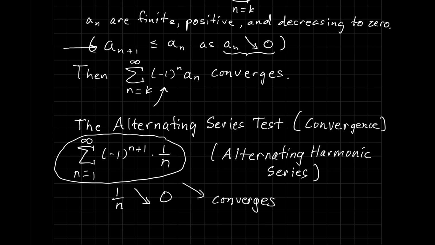It's that simple. Now, in practice, on a test, your professor might want all the details saying a sub n is finite, positive, and decreasing to 0. Perhaps that notation will be necessary, but here we're getting the idea.